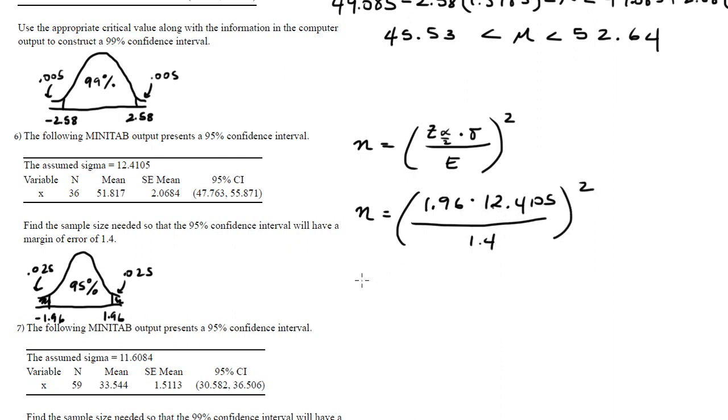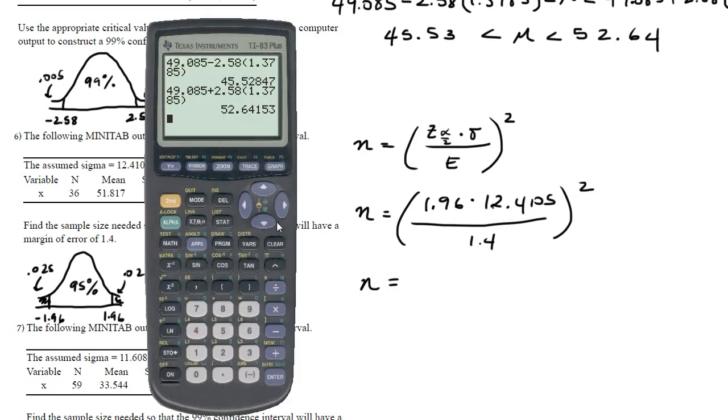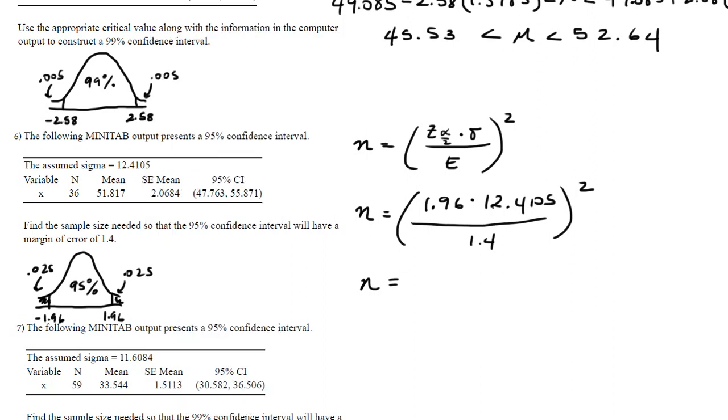And then we're squaring all of this. I'm pulling out my calculator for this one. Let's clear this. So in parentheses, 1.96 times 12.4105 divided by 1.4, squared. 301.88.